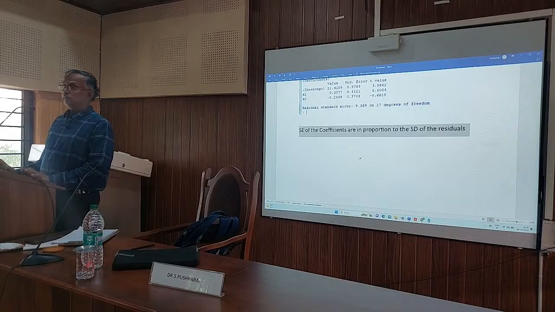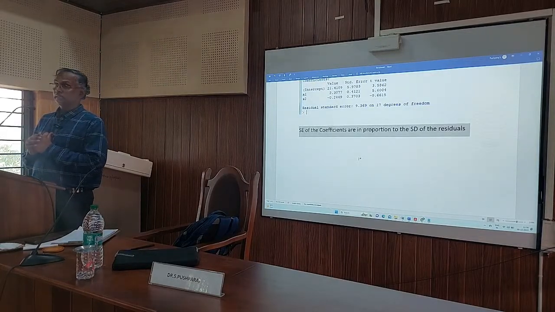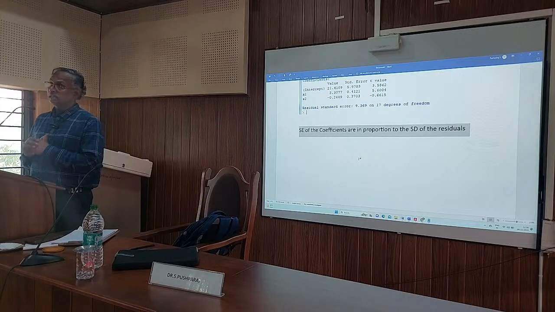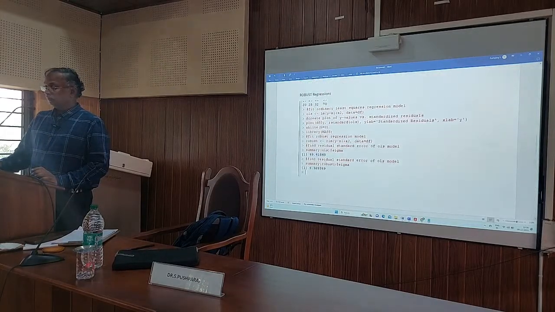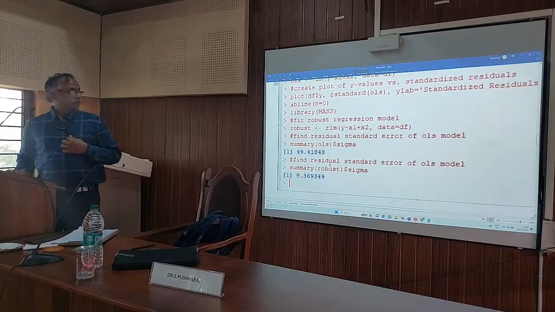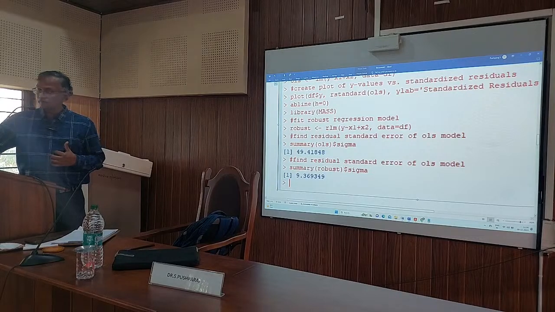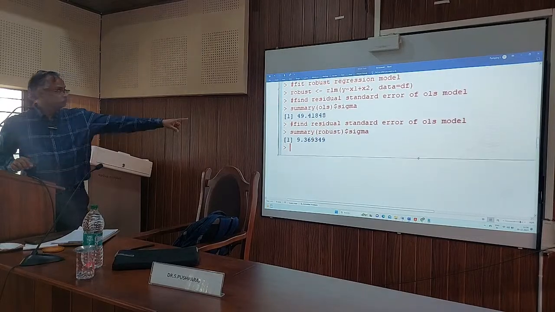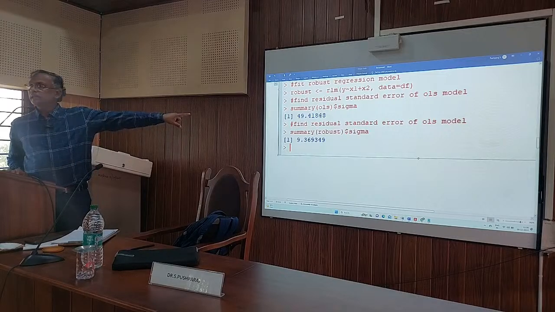So naturally, the robust model reduces the residual standard deviation. Look at this. In the OLS model, the standard deviation is 49.